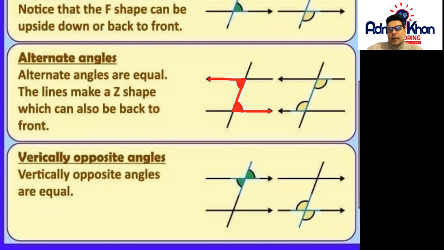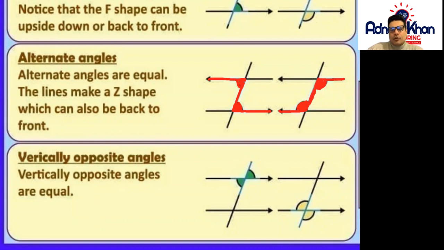We call them alternate angles or Z-shaped angles. It just makes it easier to understand if you call them Z or F angles. Alternate angles means they're on the other side from each other. So that's the Z angle.